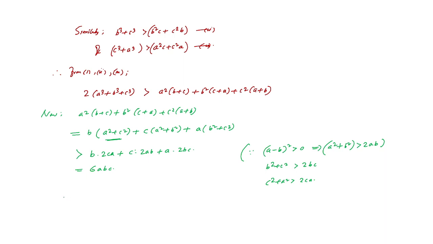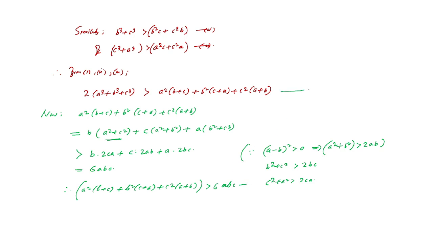So what have we done here? That means a square into b plus c plus b square into c plus a plus c square into a plus b, this complete value is greater than 6abc.